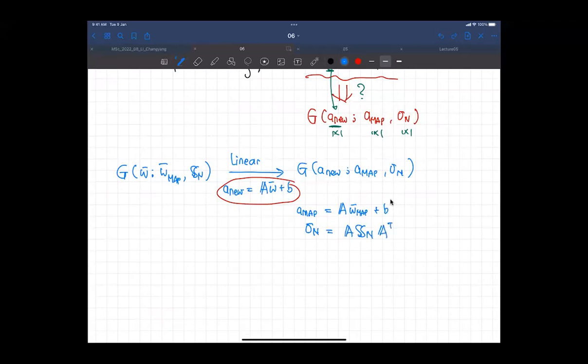Again, I will not prove this one, but you can look at Wikipedia. Okay, so that's called linear transformation for Gaussian.